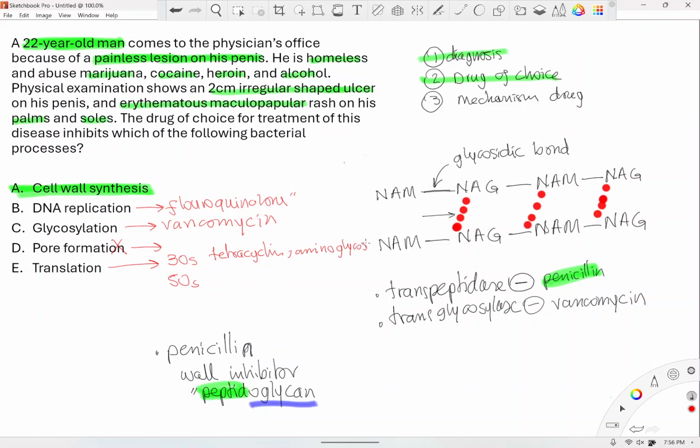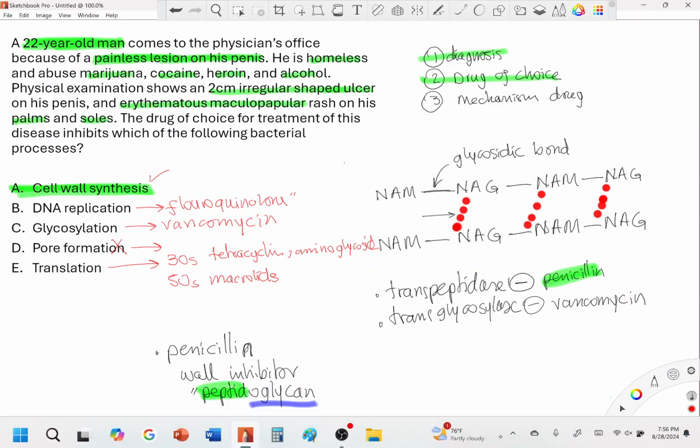An example of an aminoglycoside is gentamicin. An example of a tetracycline is minocycline. 50S is macrolides, an example of which is azithromycin. So we know the drug of choice is penicillin, and penicillin inhibits the cell wall, so that should be the answer for this question.